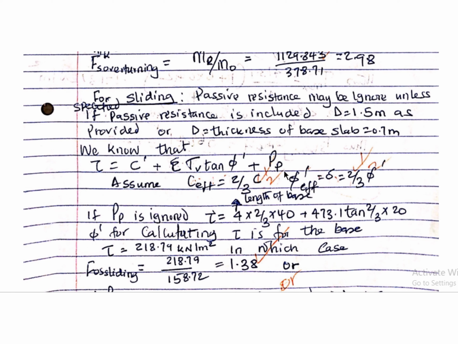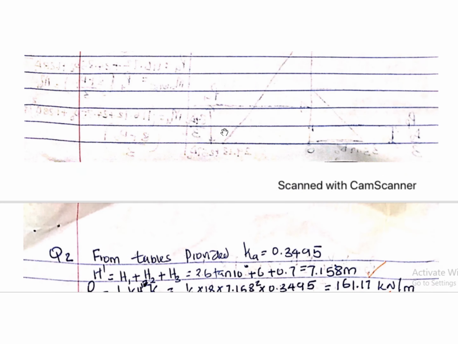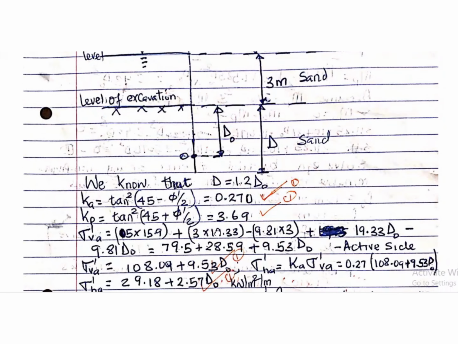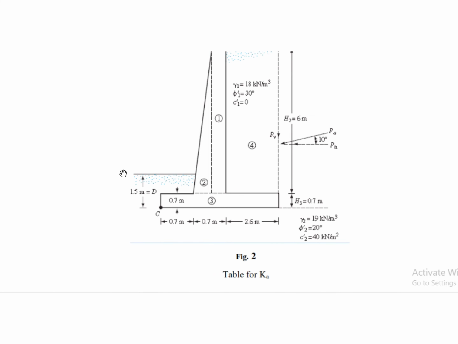You ignore the passive because the question was not clear unless you are told specifically. So you can ignore the passive resistance, or you can include it, and this diagram is quite specific on the depth of the passive resistance.